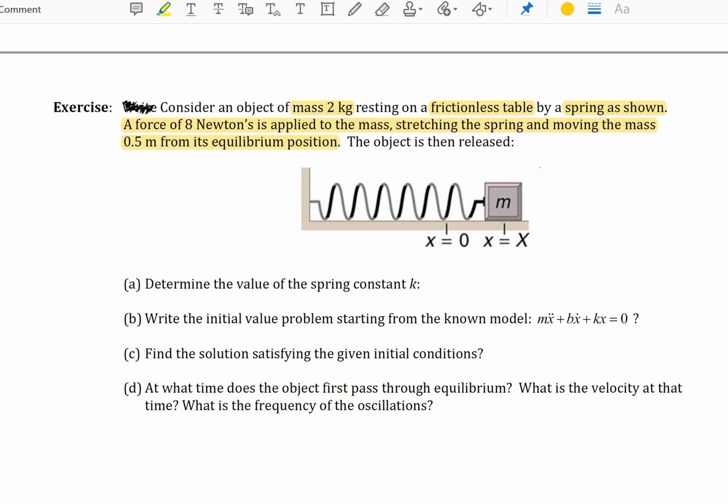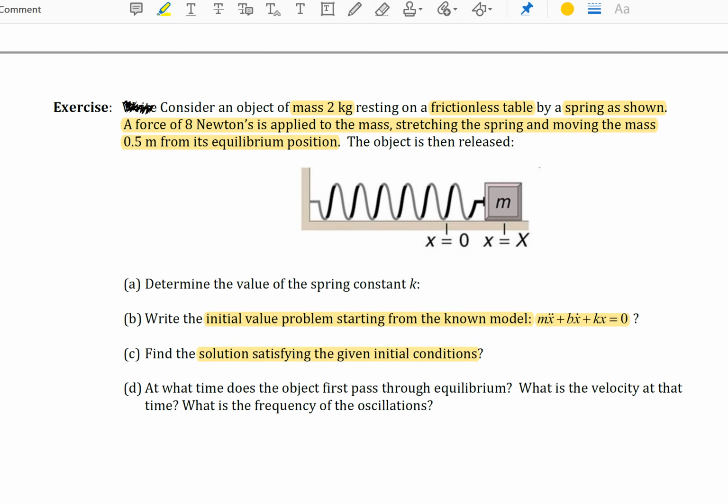When it says it's released, I'm assuming that it's released from rest, since they didn't give us an initial velocity. And so our goal is to write the initial value problem for this model, and then find the solution satisfying the initial conditions.